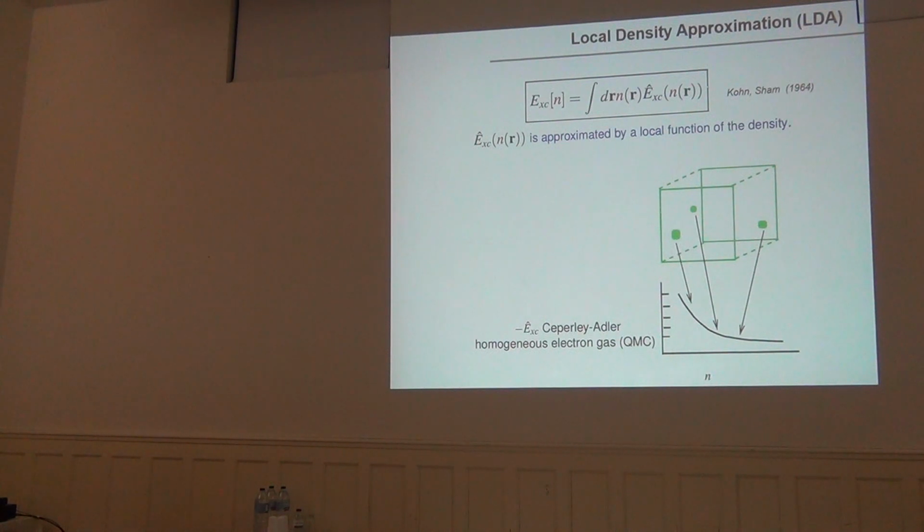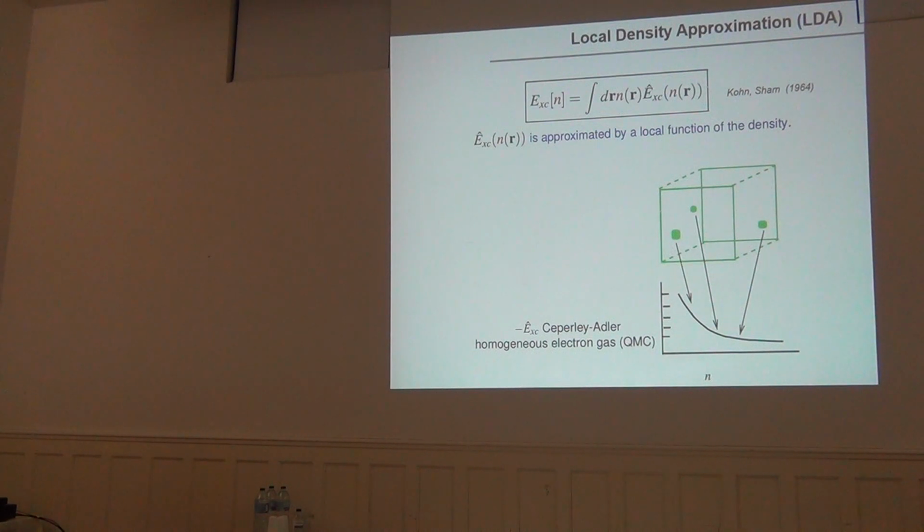Okay, so the idea is basically to write your exchange correlation functional in terms of an integral of local exchange correlation functionals, where this local exchange correlation functional is taken from an exact solution of the homogeneous electron gas. So let me say it maybe in other words.